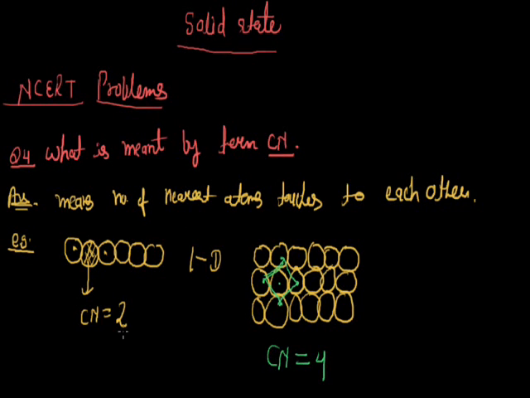So in the 1D arrangement, the coordination number is 2. This is the 2D arrangement where the coordination number is 4. Now another possibility in 2D arrangement. Suppose this is the first layer of spheres. If we place the second layer between the depressions of these two spheres, and the third layer is placed parallel to the first layer.